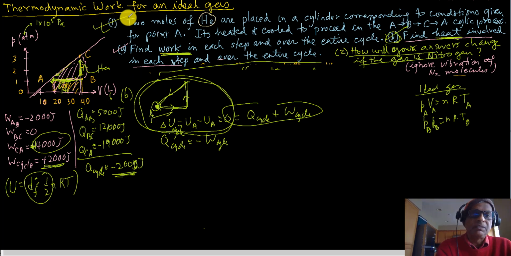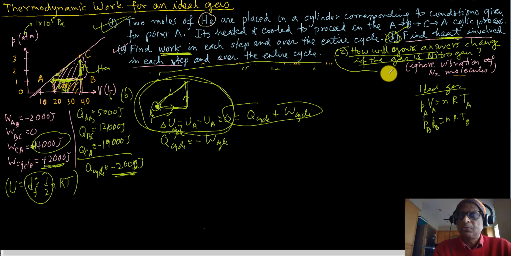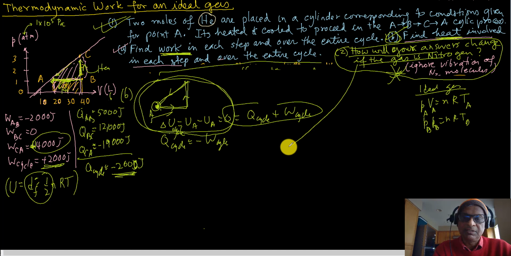Now, we're done with one, and then there is this question about, had I done it with nitrogen, what will happen? This one we kind of addressed a little bit earlier.